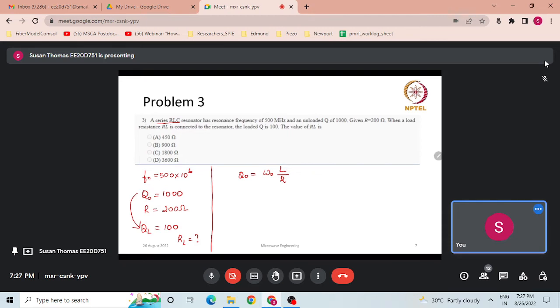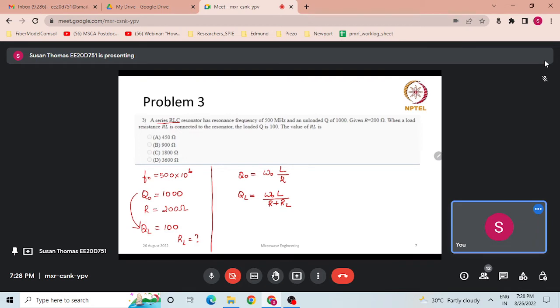Now how about loaded Q factor? To a series RLC you are adding a resistance or load RL, so this becomes omega naught L divided by R plus RL. This is the loaded Q factor of series RLC.